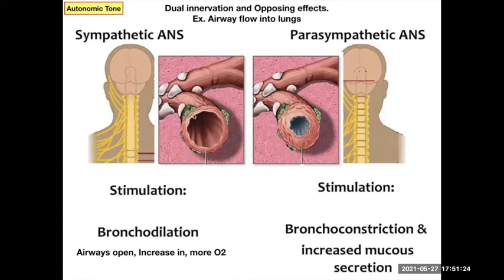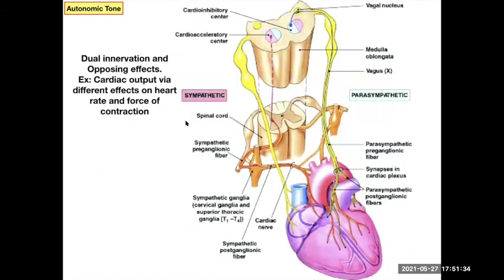But these are going to open or increase or decrease the influx of air. Dual innervation, opposing effects. And these are just examples, and good examples because you're going to have to understand these at some point.